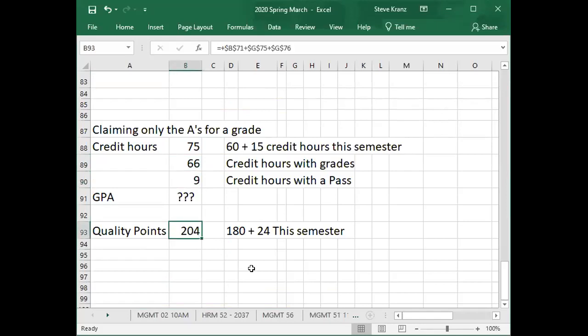So his total number of quality points is going to be 204, because that's 180 from before plus 24 this semester. So 204 quality points is what he has now. So the real question is, what is going to be his GPA?